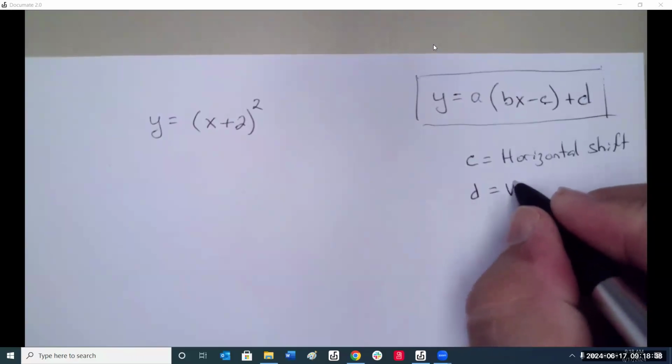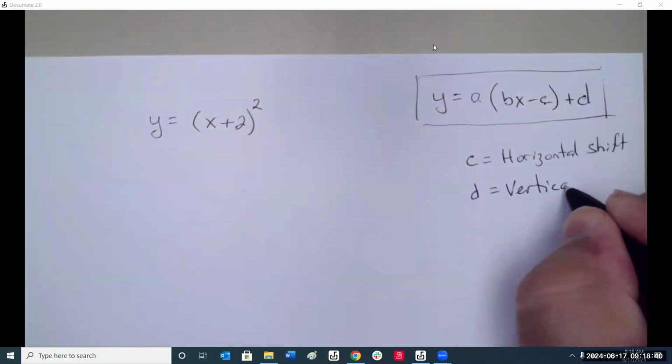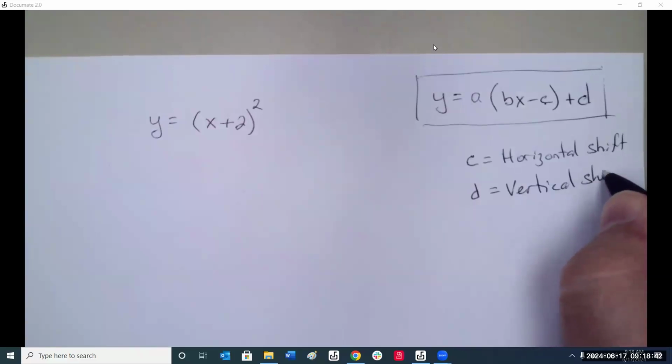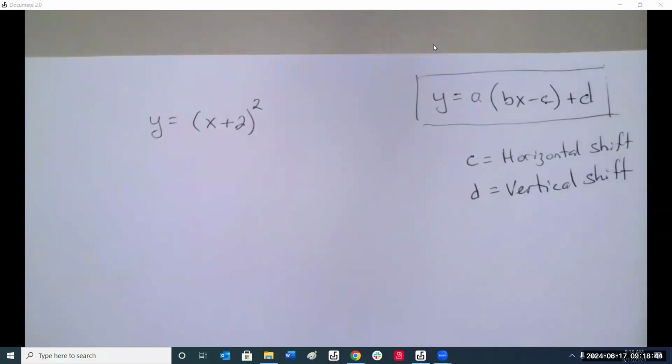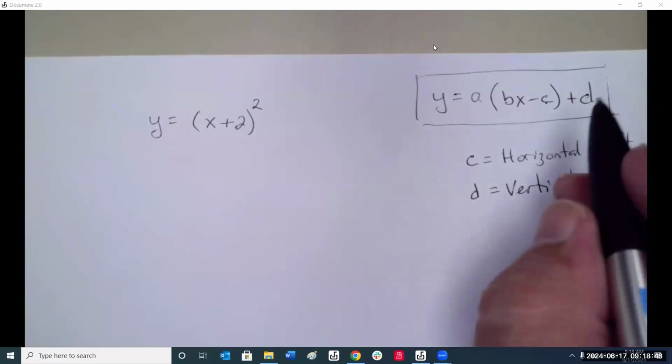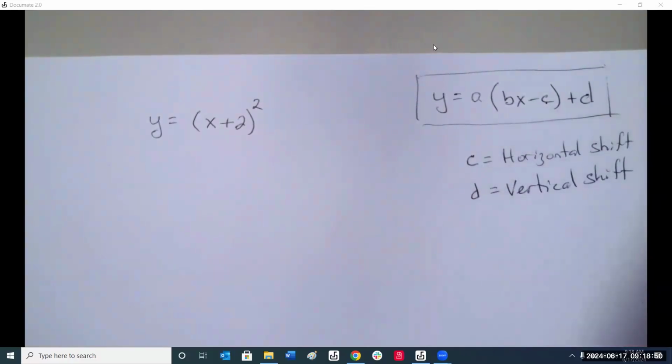D is the vertical shift. If it happens inside, it has to do with the horizontal shifts.